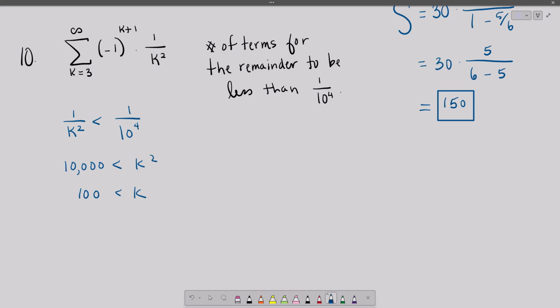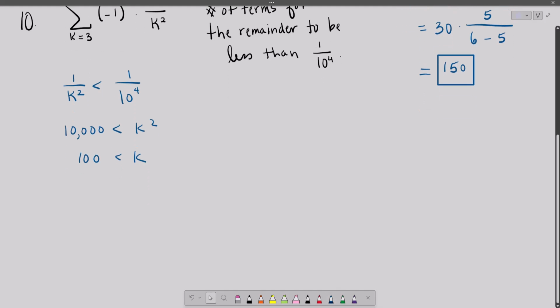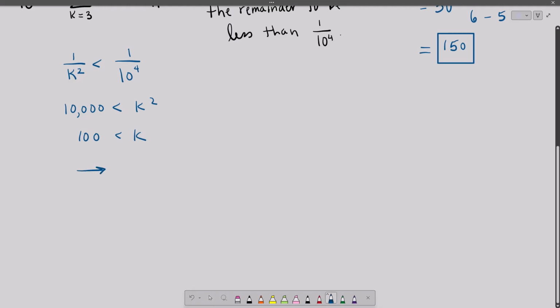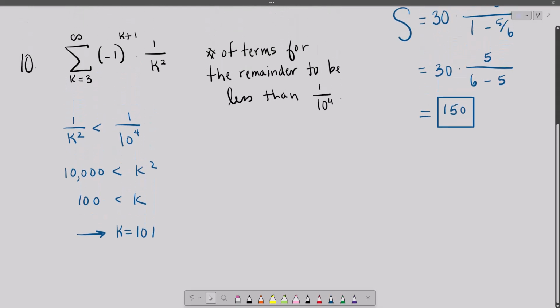So that says that when k is 101 or greater, all of those terms will have magnitudes less than 10 to the negative 4. So if we want the smallest k bigger than 100, we're going to choose k equals 101.